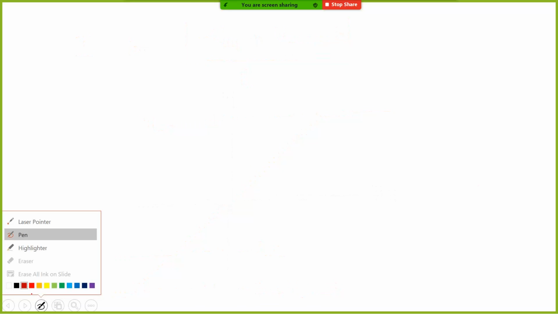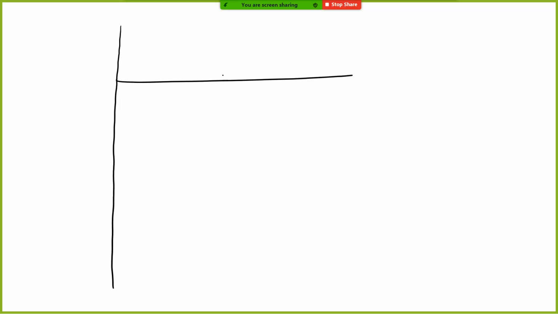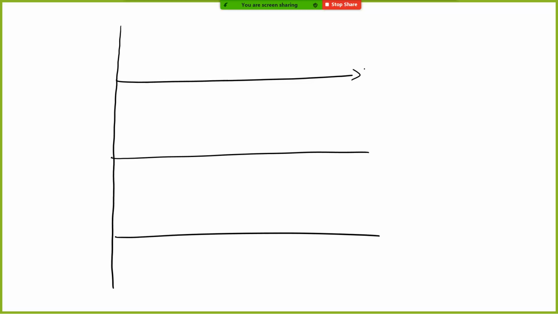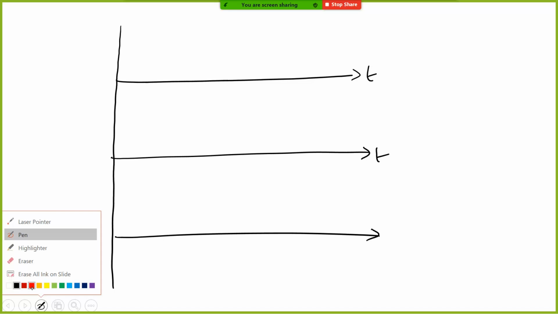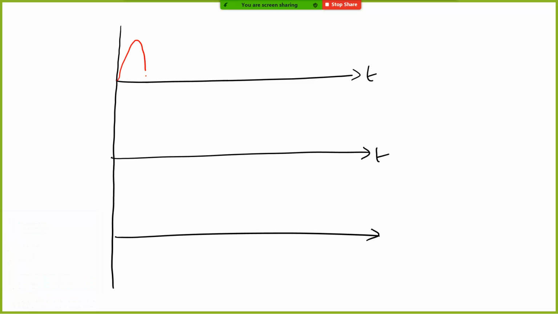Let's plot I1 across time. First, let me draw the input signal. Let's say this is my Vin.